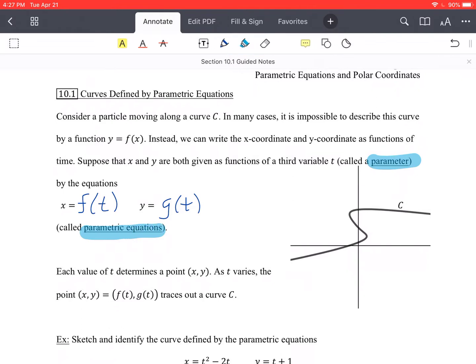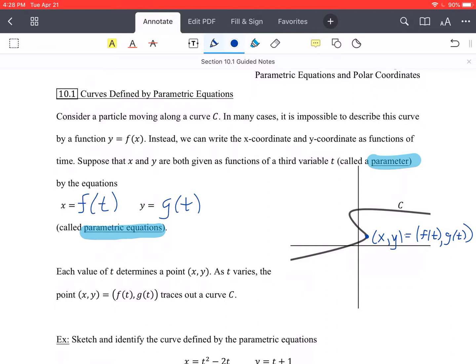So as t changes, the values of x and y are going to change. If you look at our curve over here, each value of t gives us a point x comma y. I plug in a certain t value, it gives me an x, it gives me a y. So that's going to trace out some point on the curve. So this would be x comma y, that's going to be f of t comma g of t.